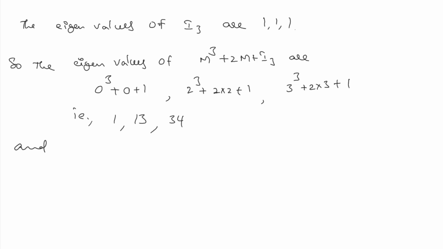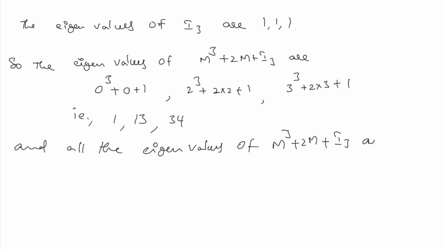All the eigenvalues of M cube plus 2M plus I3 are distinct. Hence, when we have n distinct eigenvalues, we can say it has n distinct eigenvectors.